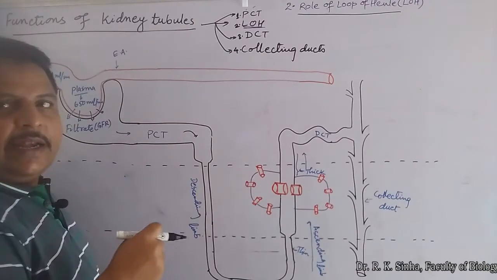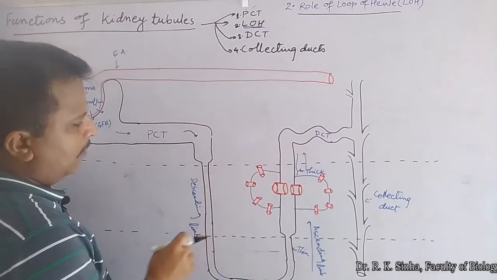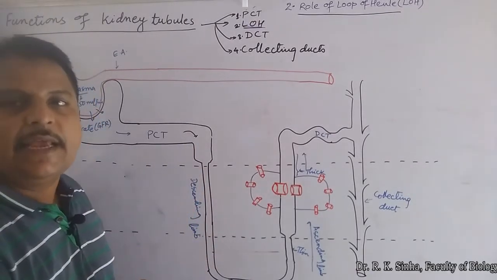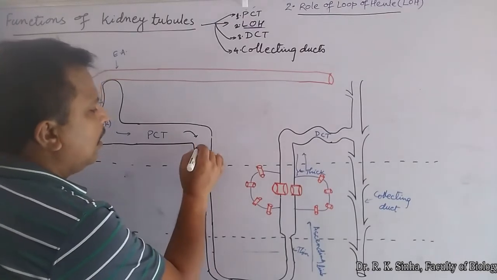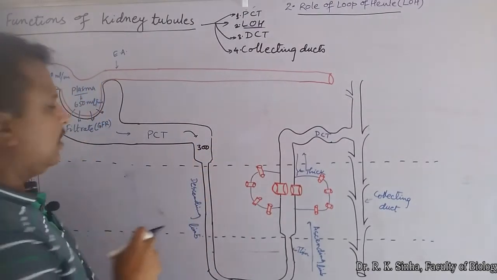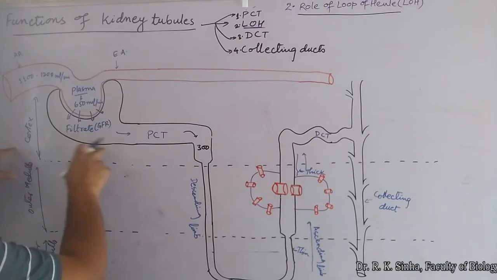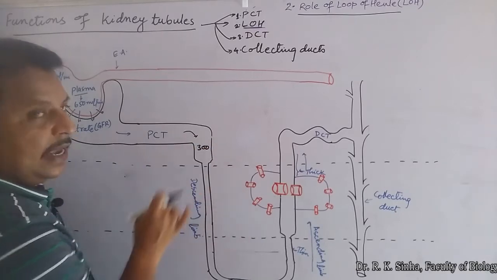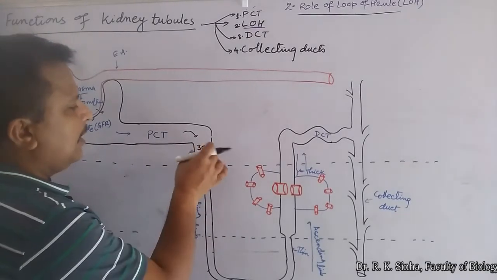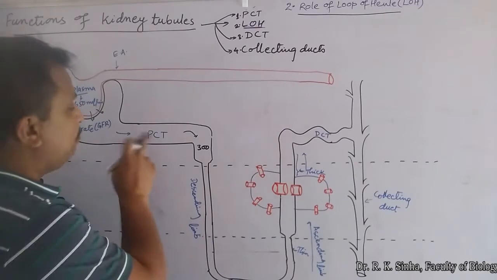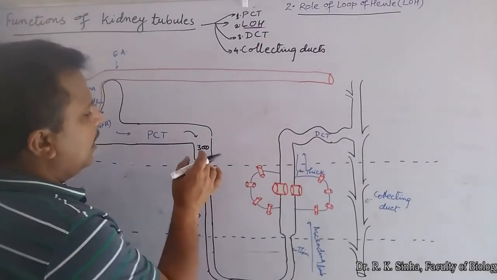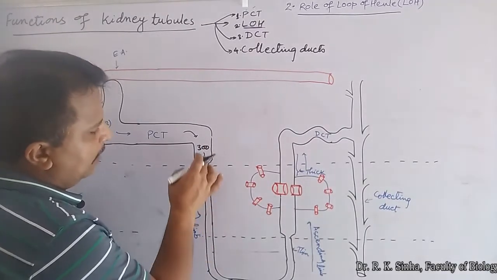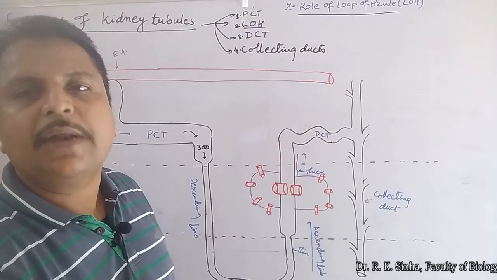As it enters the descending limb, the osmolarity is 300 milliosmol per liter. Because this is located in the cortical region, we can consider this segment as the thick segment. Actually this is the part of the proximal convoluted tubule. Just before entering the descending limb, the osmolarity will be 300 milliosmol per liter.